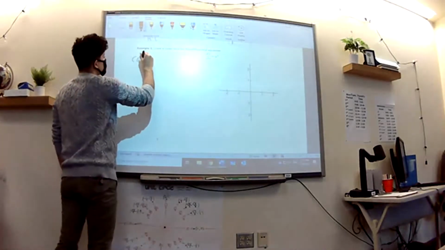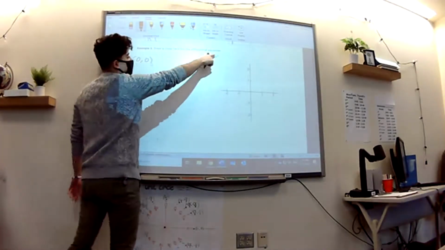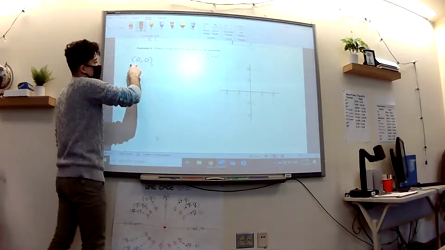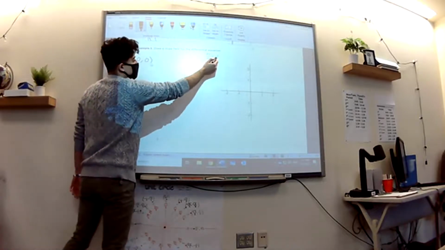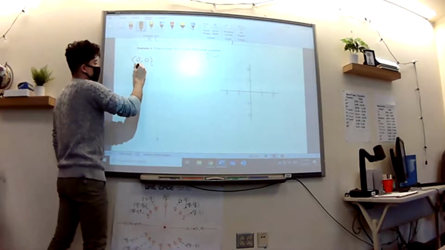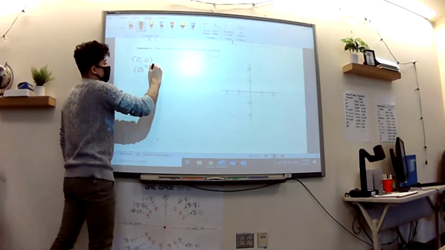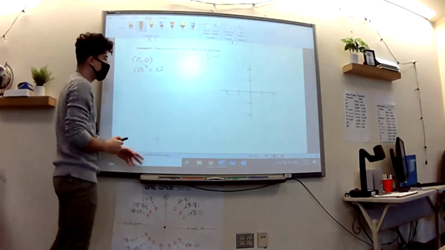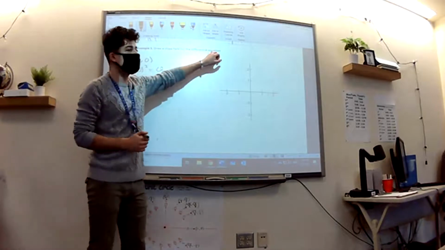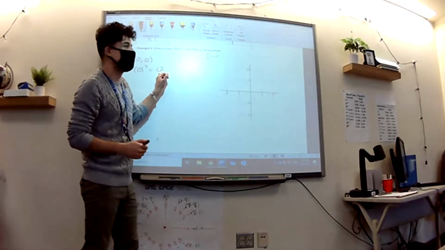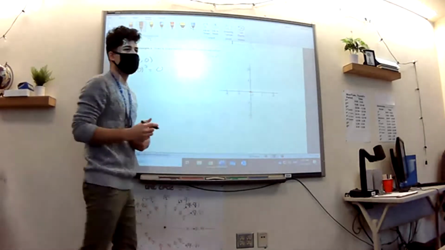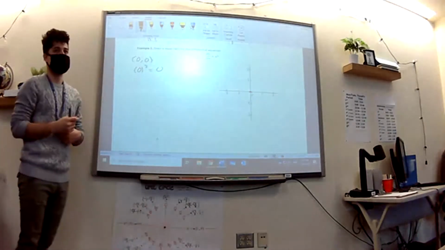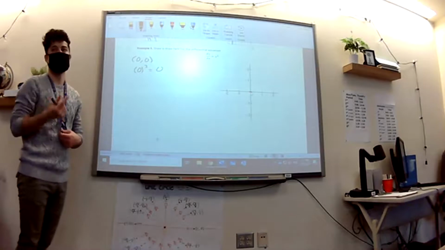If I take the origin and I plug it in through here, my x coordinate is 0, so my slope will be 0 squared. It's my x coordinate. So 0 squared is obviously 0. Okay, so that tells me that the slope for my original function at this point was 0. Meaning I'm going to make a slice of a line with a slope of 0. A little tiny slice with a slope of 0, so flat.